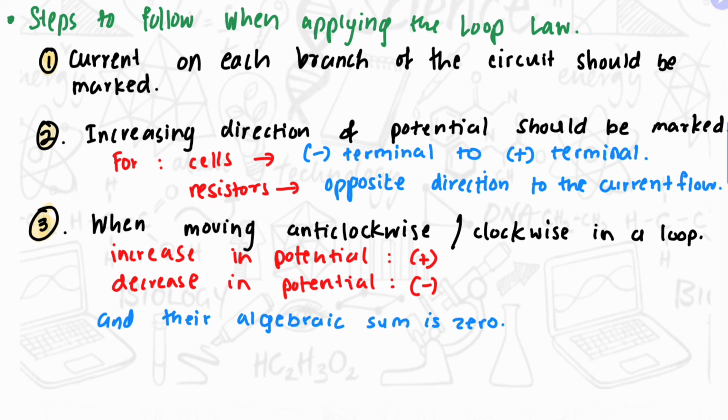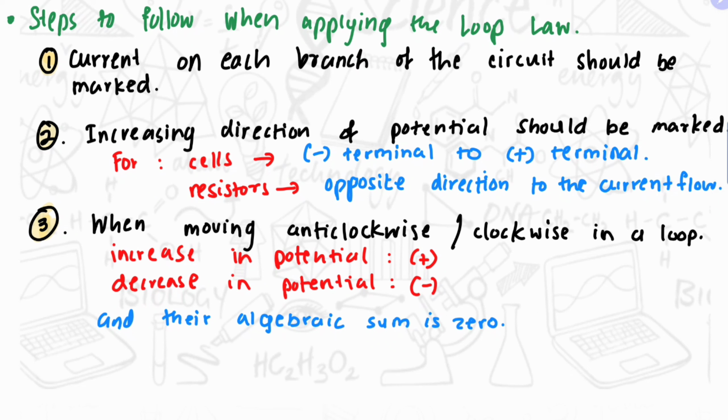The first step is to mark current on each branch of the circuit. The second step is to mark the direction of increment of potential. For cells, the potential will increase from the negative terminal to the positive terminal, and for resistors, the potential will increase in the direction opposite to the current flow.